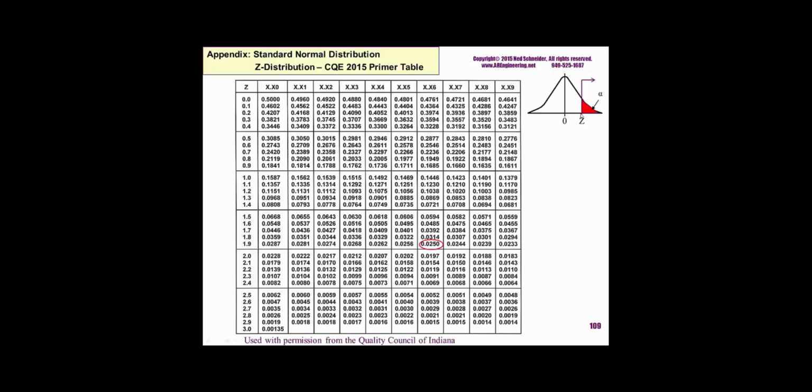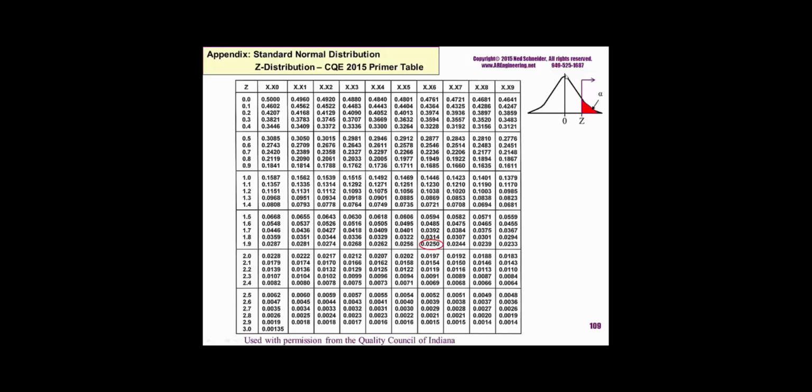So I would have to move over 1.96 standard deviations to the right of the mean, and then that area to the right of that would be 2.5%. Now, because this is a normal distribution, the probabilities that apply to the right side, and that's what this table is, just the probabilities on the right side.